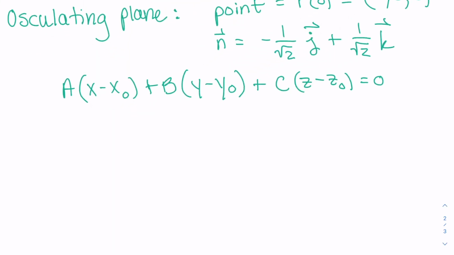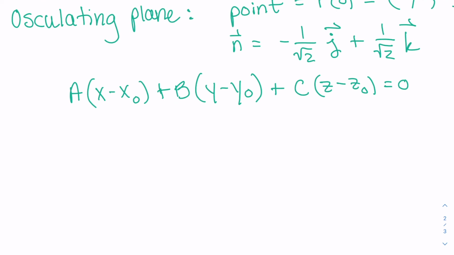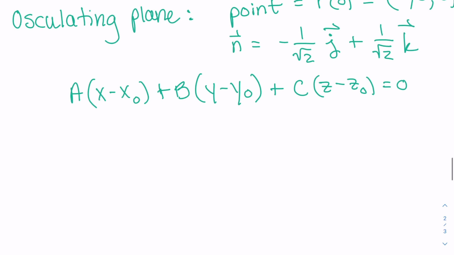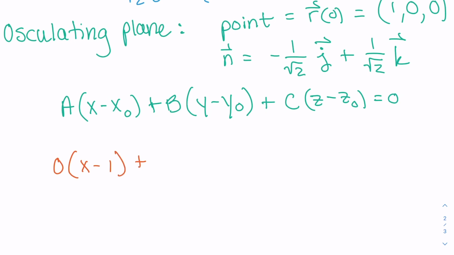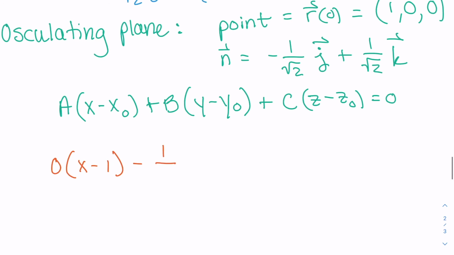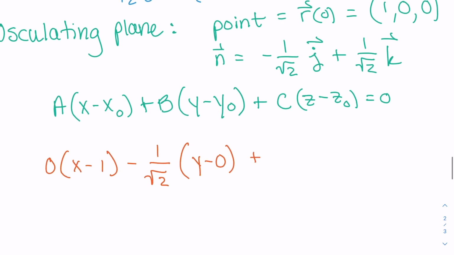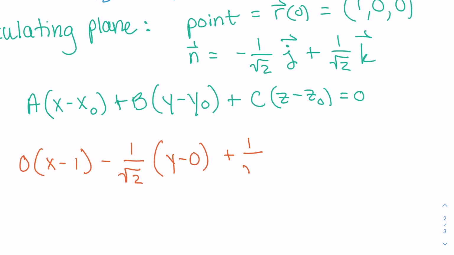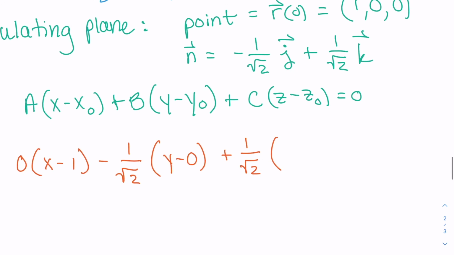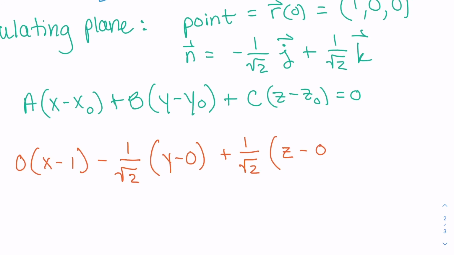We get 0 times x minus 1, plus, actually minus, 1 over square root of 2 times y minus 0, plus 1 over square root of 2 times z minus 0 equals 0.